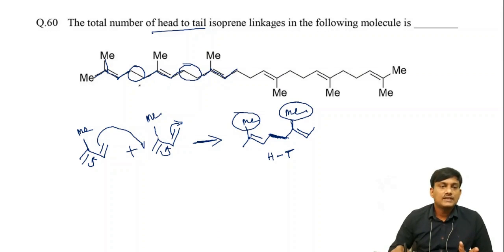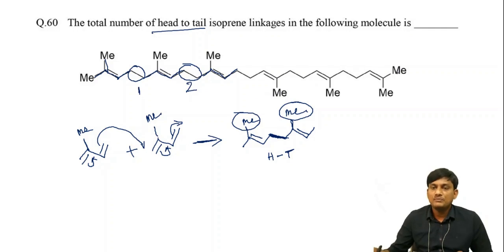So in this case, how many head-to-tail isoprene linkages are there? Here this one is 1 and this one is 2, and from this end this is an isoprene unit and this is a linkage, and this one is another isoprene unit, and this is a linkage between this isoprene unit and this one.